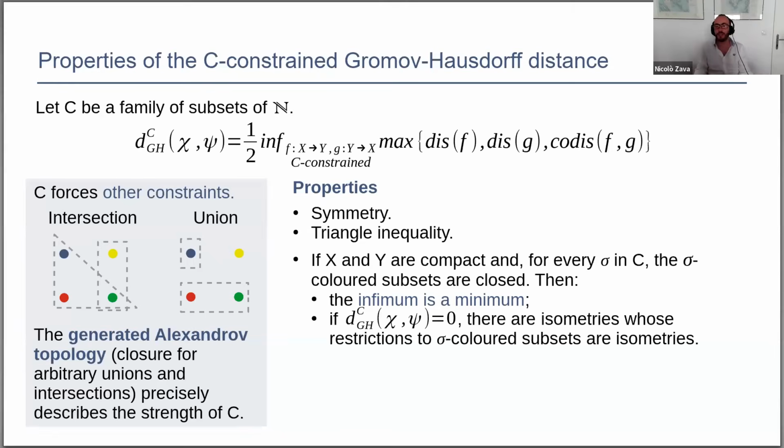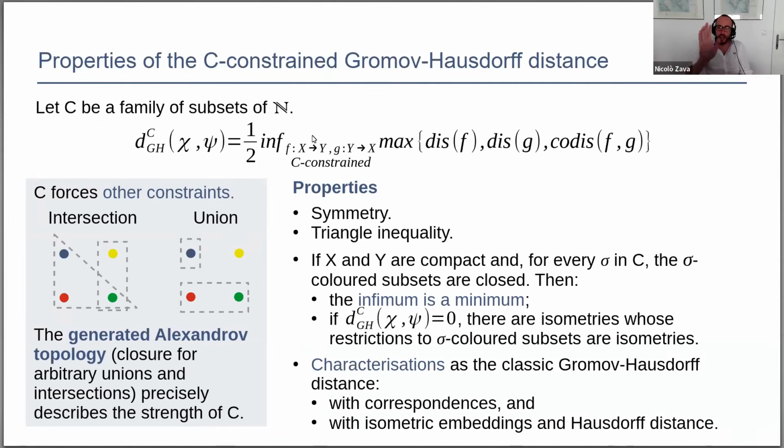And this observation can be used to prove that if you have two compact chromatic metric spaces at distance 0, then they are isometric, and the restrictions of the isometries to sigma-colored subsets are again isometries.